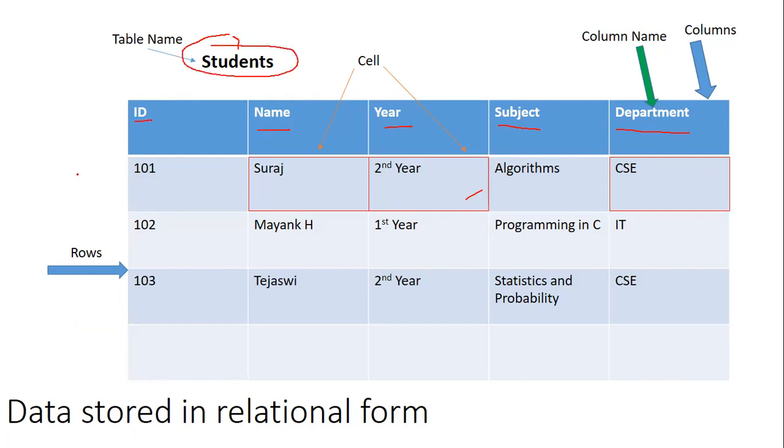And these things that we see here, these are the rows, and these are the columns, right? And the place where a value is present is nothing but a cell, right? This is a cell, and the value for the first row with the ID 101, for name, is Suraj, right? These are the rows and columns that we have, right? So that is what would be a table.